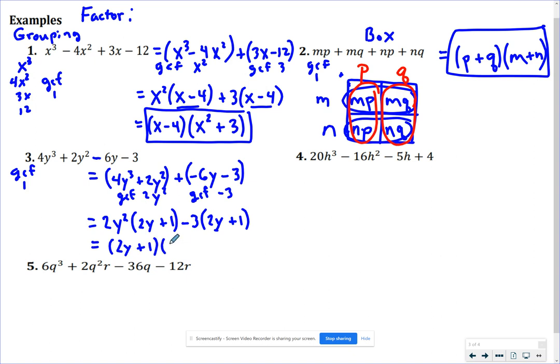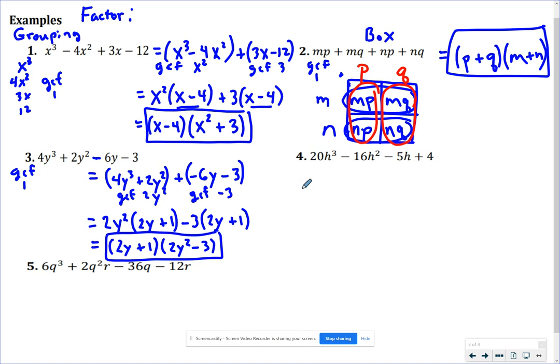And then inside the other set of parentheses, I should have my GCFs, my 2y squared and my minus 3. And we're done. And you can check by multiplying it back together, you should get back to where you started. It's not a bad idea to check and make sure that you have the right answer, is it?